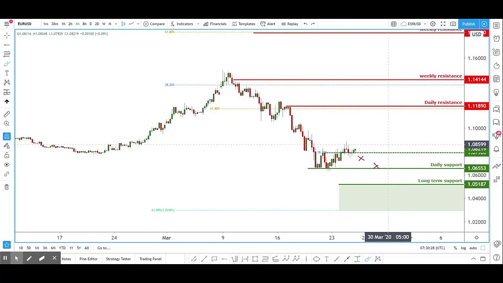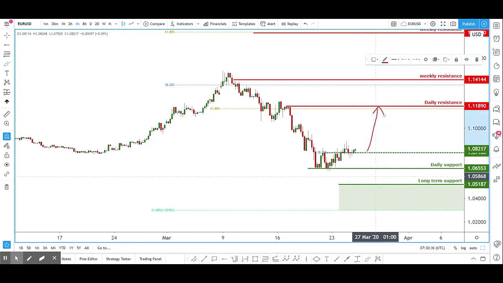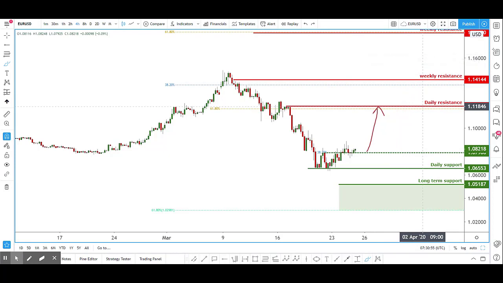And what I will do is either buy from this intermediate support and play up with this as my take profit, or I can buy from my daily support at 1.0655 and play up to my daily resistance as my take profit. Once this daily resistance is hit, I would actually close out 50% of my position, move my stop loss to break even, and let the rest of the position run towards the weekly resistance.